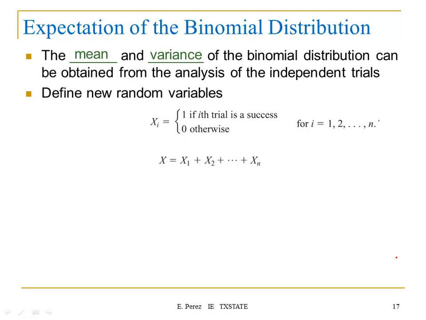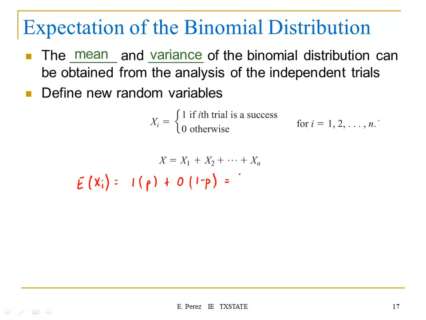So if you want to find the expectation of xi, this is the value of the random variable times the probability. So in this case, the probability of success, which is described by 1, is p, plus the second value of the random variable, that is 0, times its probability, which is 1 minus p.